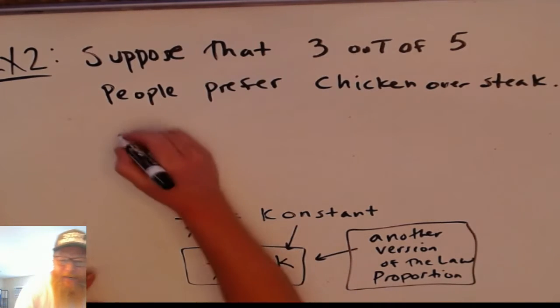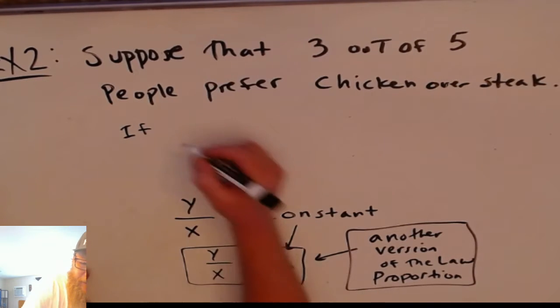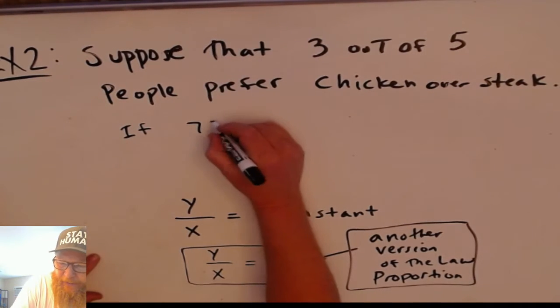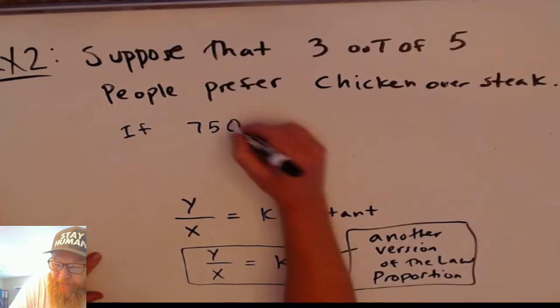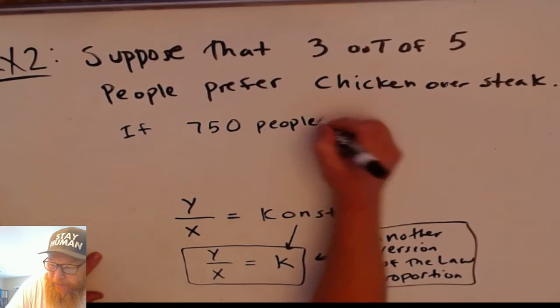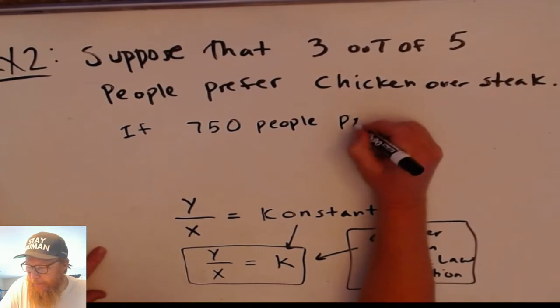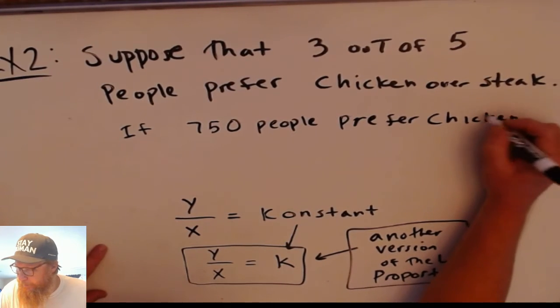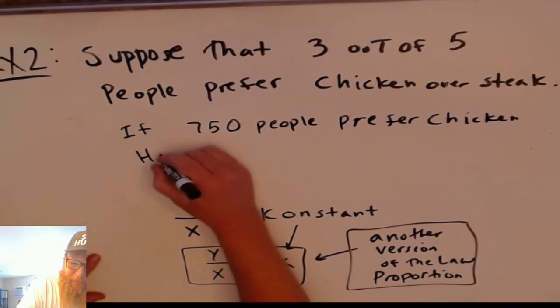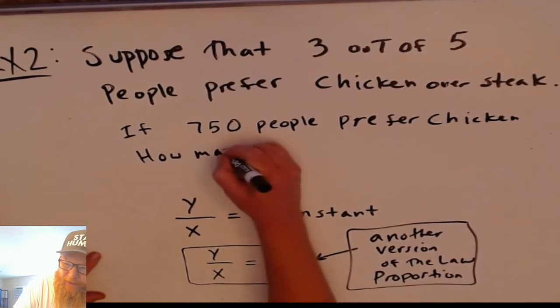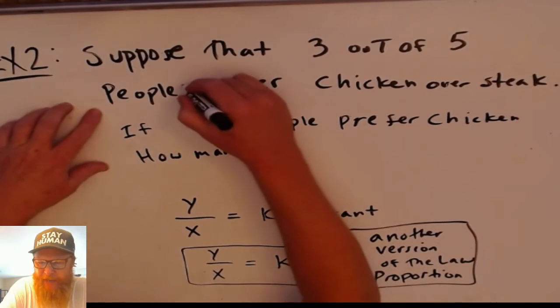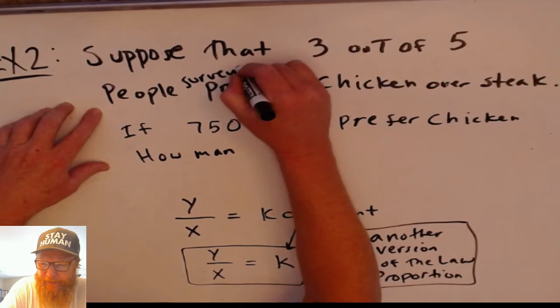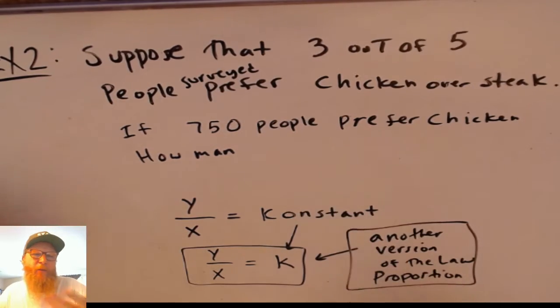Okay. If 750 people prefer chicken, and by the way, I should say people surveyed, because it's like you asked them a question.